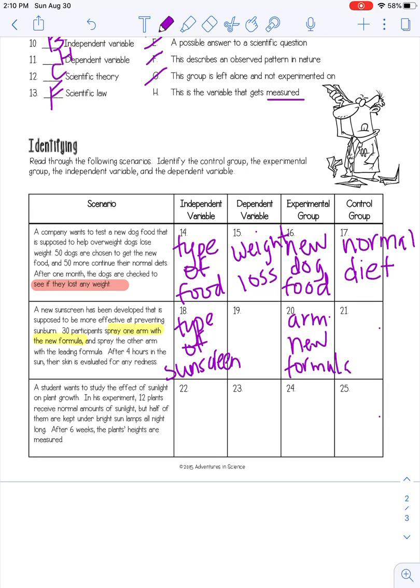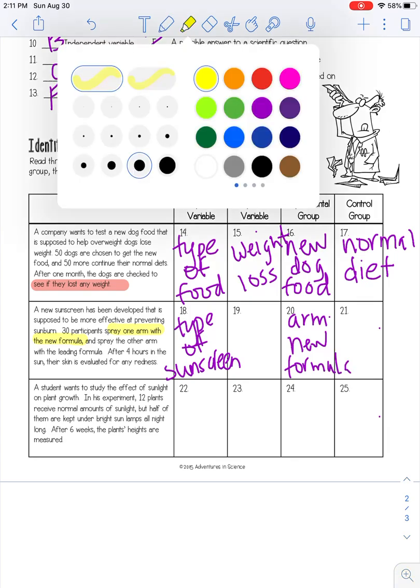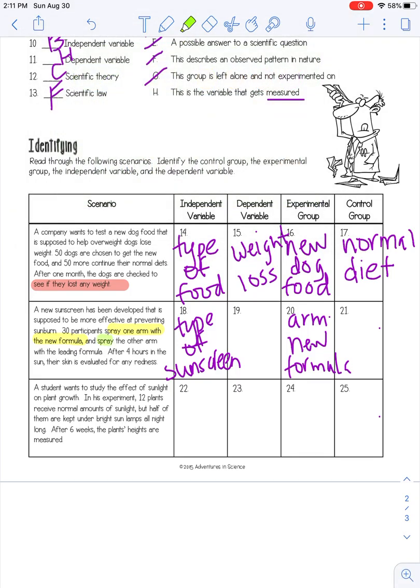And then we have our control group, the same group of people, and they're going to spray their other arm with the leading formula. Whatever that is, we don't know what that is.